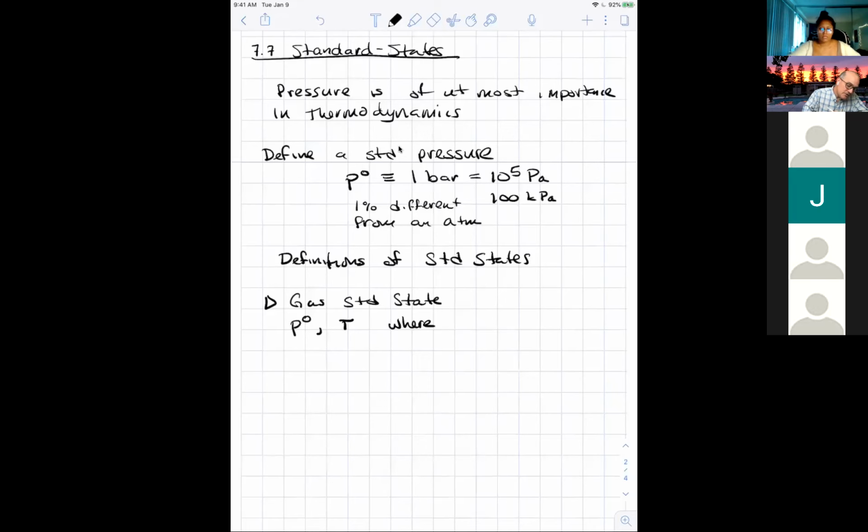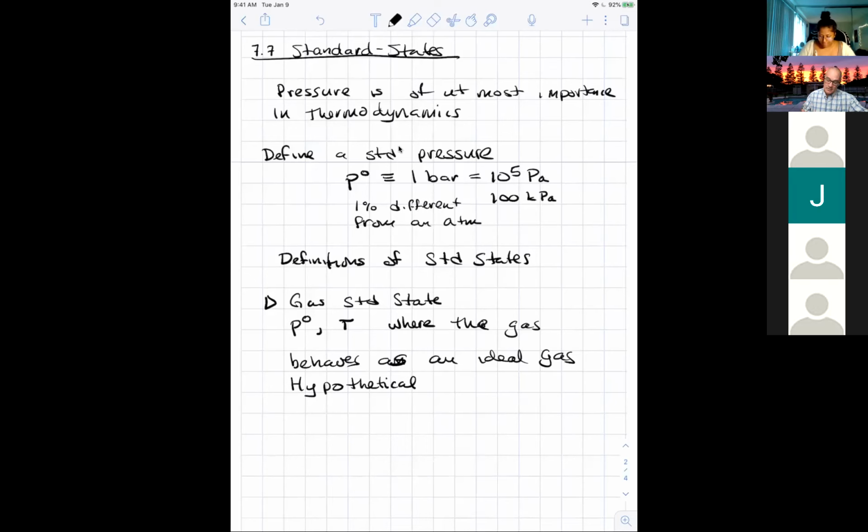And the definition of the standard state is where the gas behaves as an ideal gas. All right, this is hypothetical. It may turn out that we can find these conditions where our gas acts like a real gas, but it may be our gas never acts like an ideal gas.